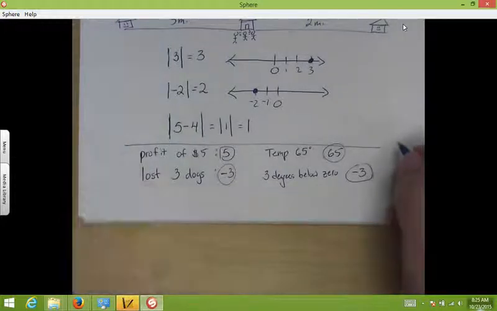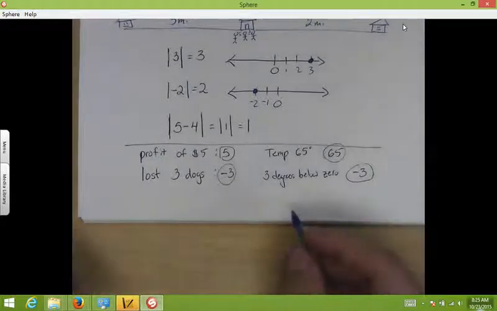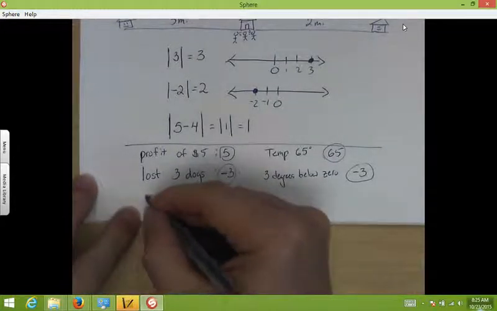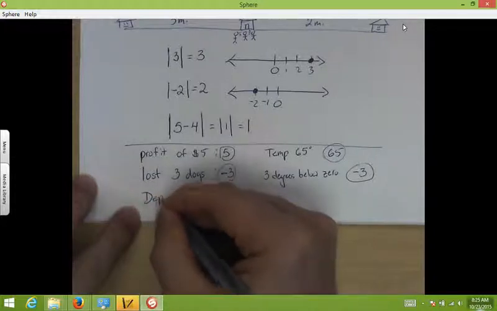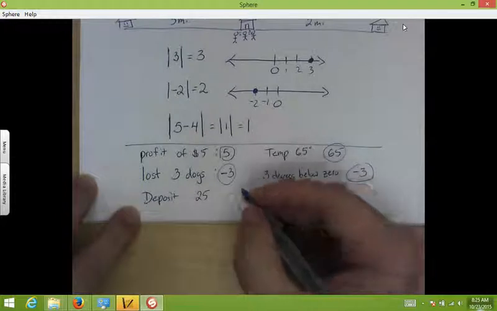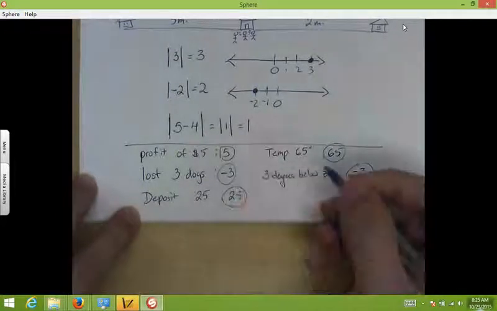Let's say if you go to the bank and you put money into your account, we call that a deposit. If you deposit $25, well, that means your bank account went up 25 bucks, so we'd write positive 25.